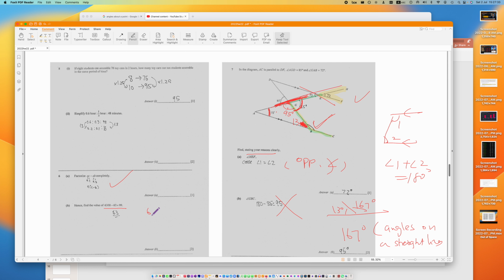Can you see that 6300 you can simplify to 63 times 100? Can you take out the common factor here? 63 times 100 minus 63 times 99, what is common? 63. Take it out. Then use this, no need calculator.